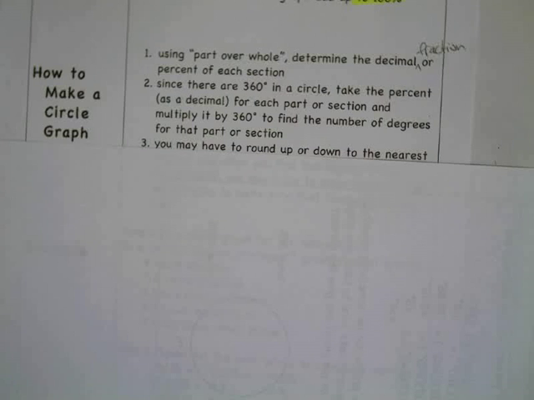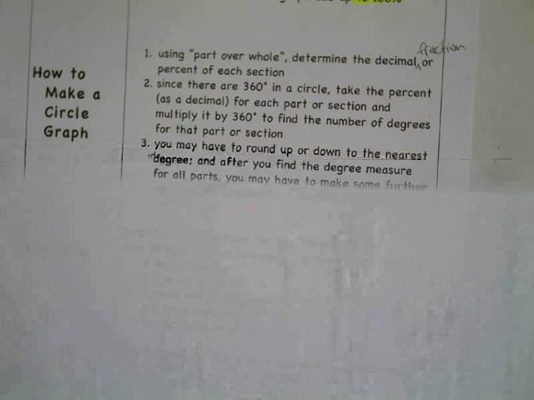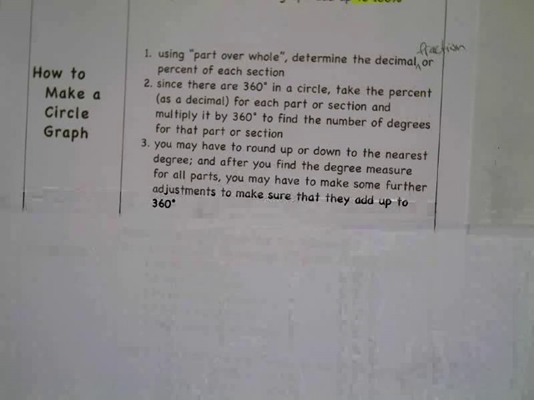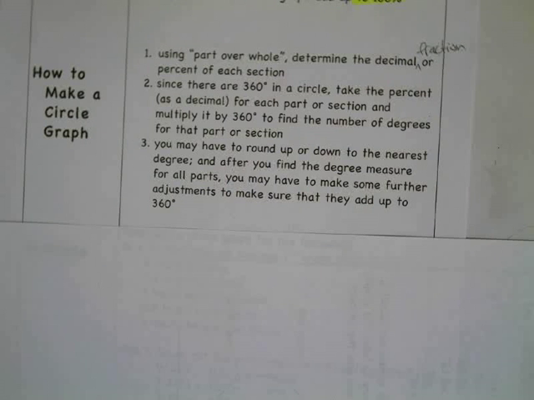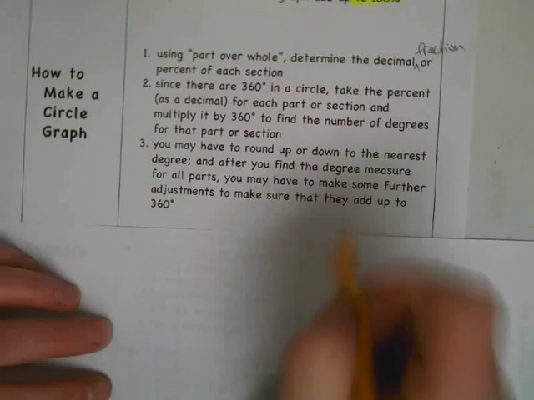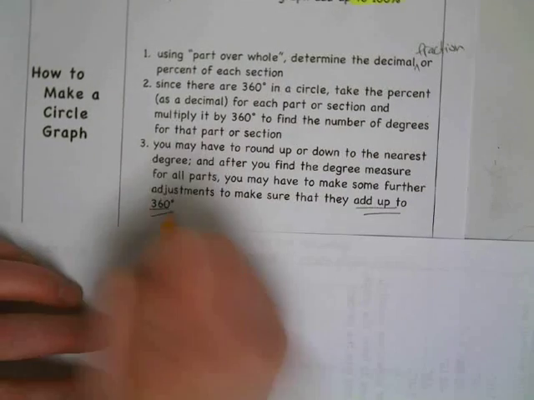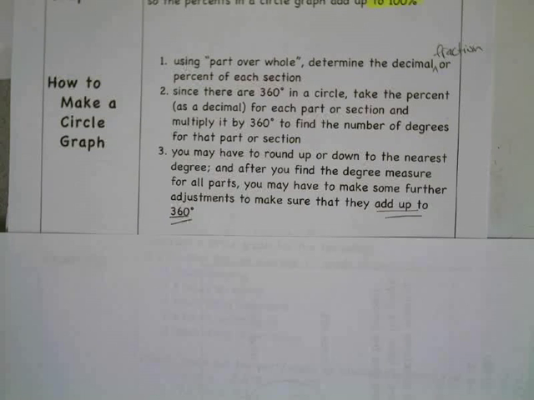And that's the number of degrees that you need for that part or section. You may have to round up or down to the nearest degree, and after you have the degree measure for each part, you may have to make some further adjustments to be sure that they add up to 360. They must add up to 360 degrees. So you can either use a decimal, fraction, or percent, multiply that by 360, and you'll know how many degrees you need to use for that section.